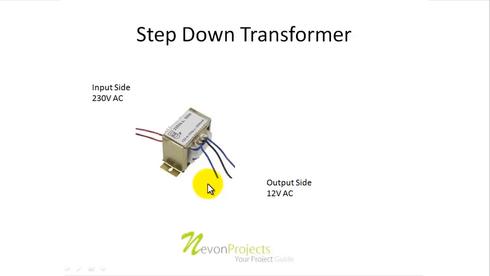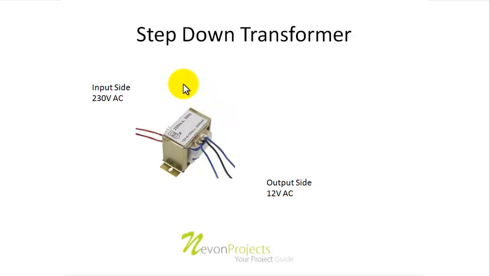There are windings inside the transformer which are twined around a copper core in such a ratio that the voltage is electromagnetically coupled and stepped down to the required voltage as per the design conditions.